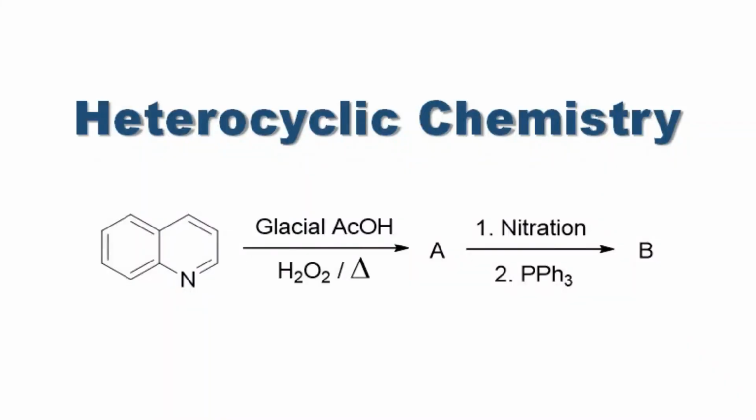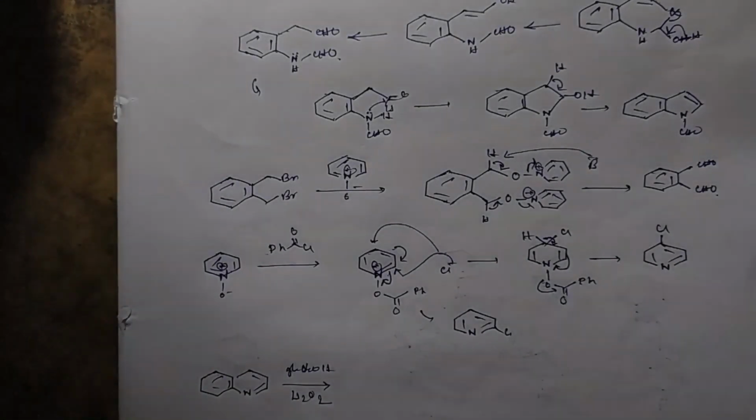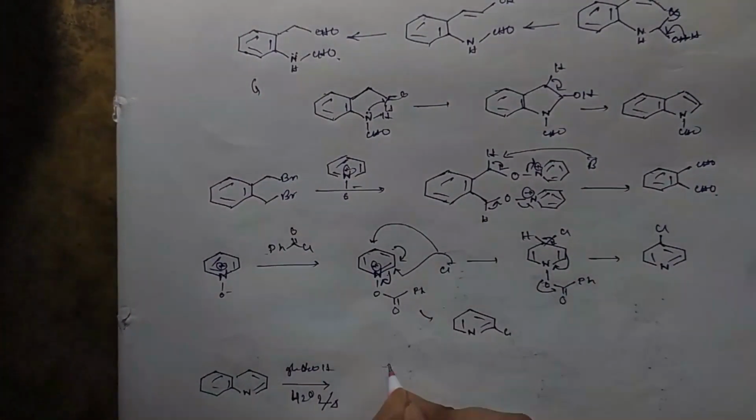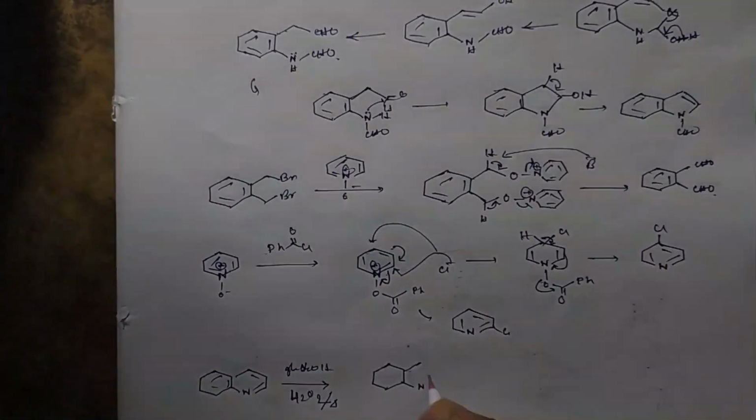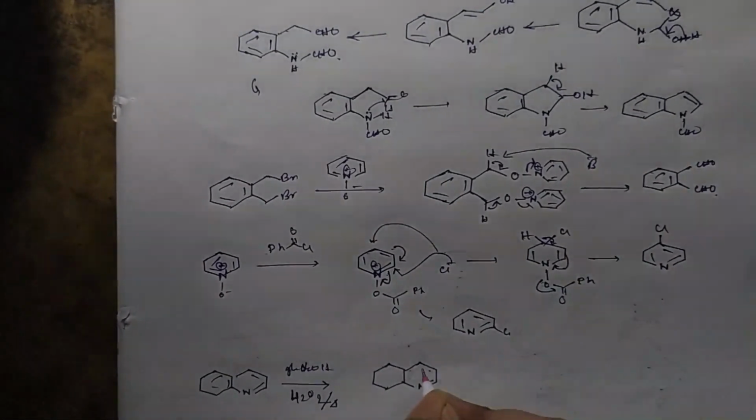So now instead of pyridine, here quinoline has been taken. But the course of reaction for pyridine or quinoline will be similar for this type of reagents. So here what happens, at first in presence of glacial acetic acid solvent and H2O2 as an oxidant, quinoline will be oxidized, so we get N-oxide of quinoline, which will have similar course of reaction to that of pyridine.